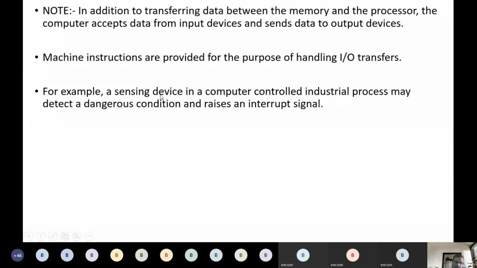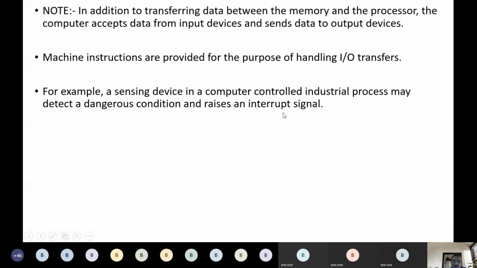If there is smoke in the factory, it detects the dangerous situation and sends an interrupt signal to the processor, saying: processor, please stop whatever you are doing and first respond to this dangerous situation.